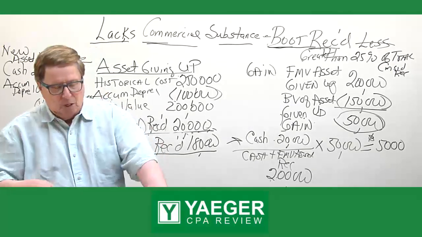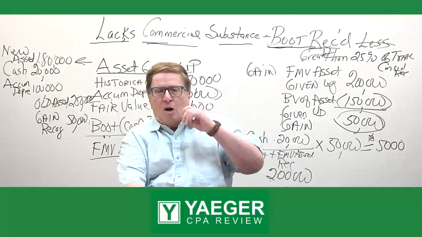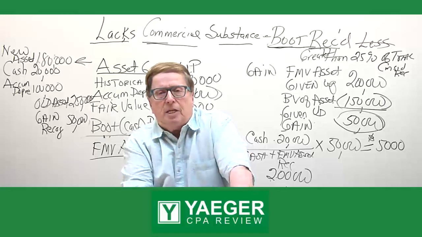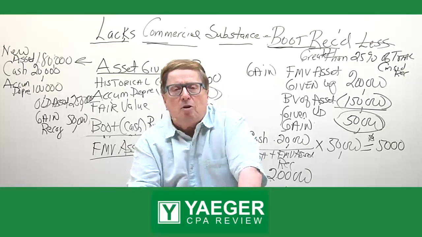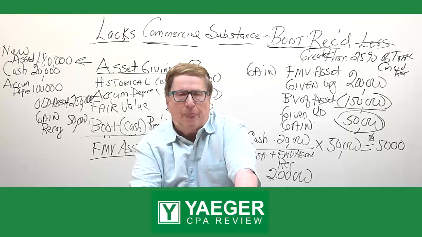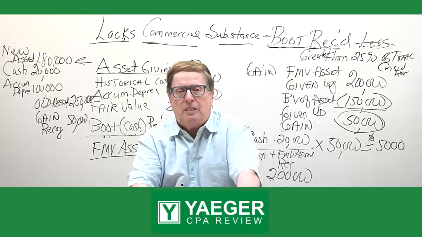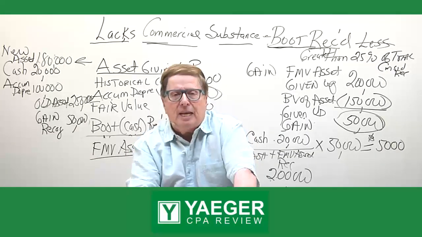What are they? First of all, if a transaction has commercial substance, you actually recognize the entire gain or loss. How do you calculate the gain or loss? You compare the fair market value of the asset given up to the book value of the asset given up. If the fair value of the asset given up exceeds the book value, then you have a gain. Now, the next thing is this.